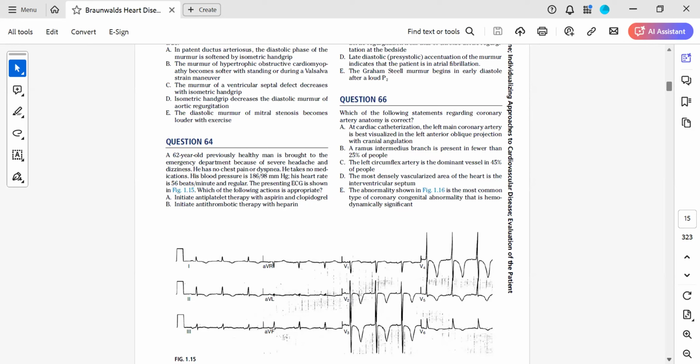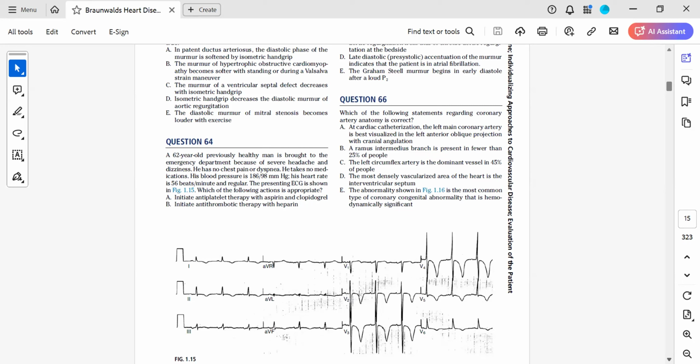They're saying that this 62-year-old previously healthy man came with severe headache and dizziness, no chest pain or dyspnea, not on any medications, with a blood pressure of 186/98, heart rate 56. Which of the following options is appropriate? There are also T-wave inversions in I and aVL.